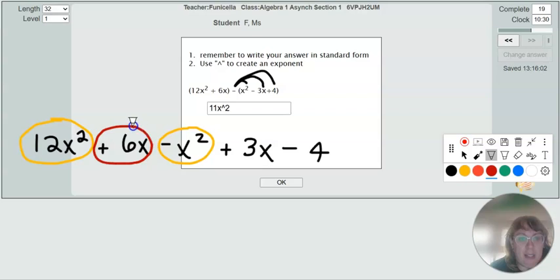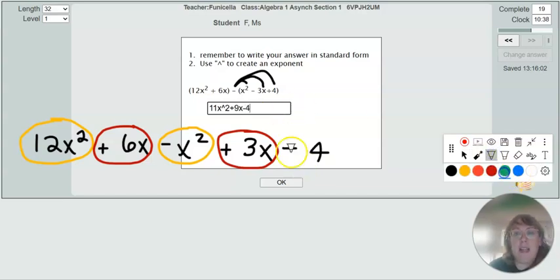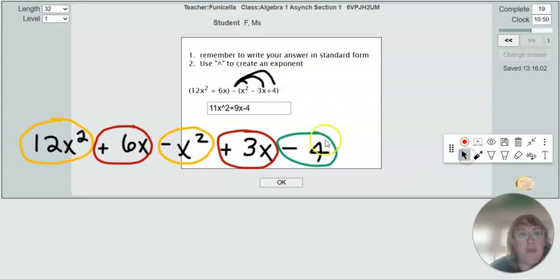And then we have a 6x plus a 3x, which gets us a 9x. And then we have that minus 4 at the end. Go ahead and plug that in and hit OK when you're ready.